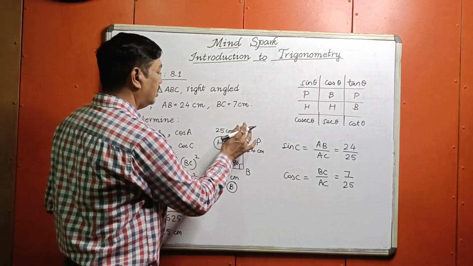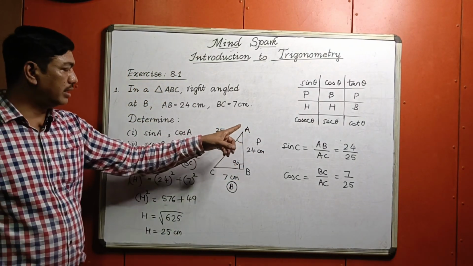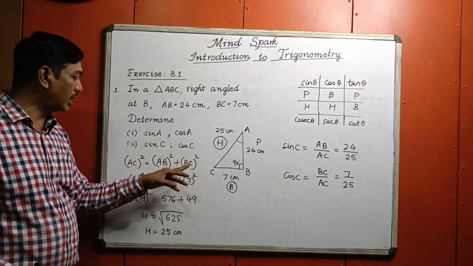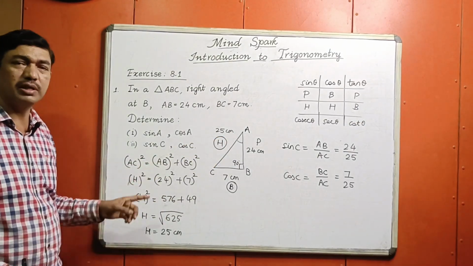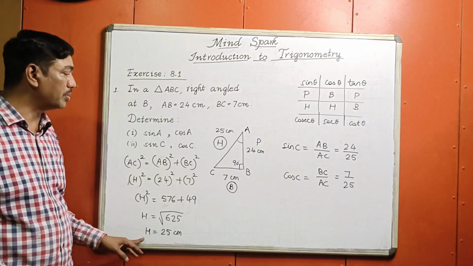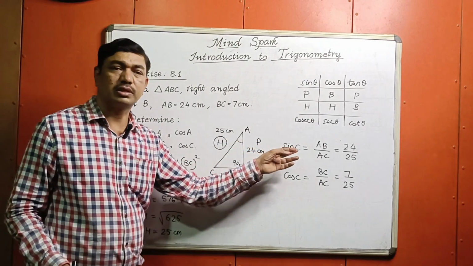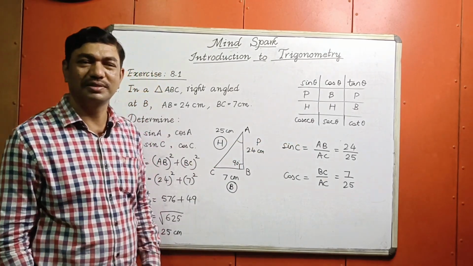If they are asking for A, then you should concentrate on A, and before that you should find the hypotenuse. How are we going to find the hypotenuse? We use the Pythagoras theorem, and with that relation you get the hypotenuse. Once you get all the sides, you can find the various trigonometrical ratios. Thank you for watching. Thank you very much.